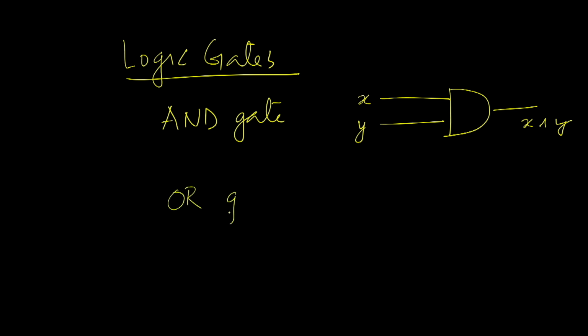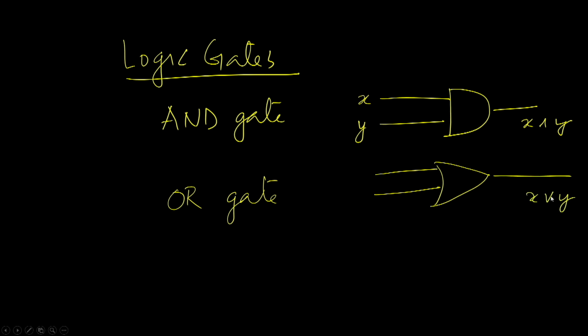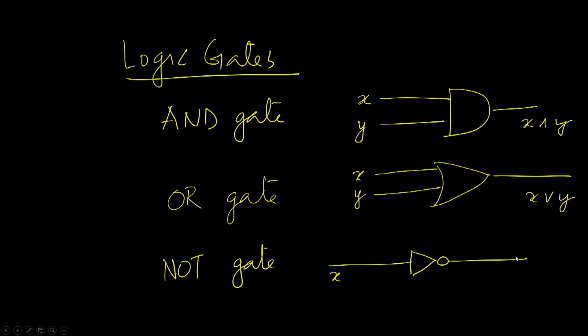An OR gate is represented in a diagram in this manner, where the inputs are x and y. A NOT gate has only one input, let us call it x, and its output is the negation of x.